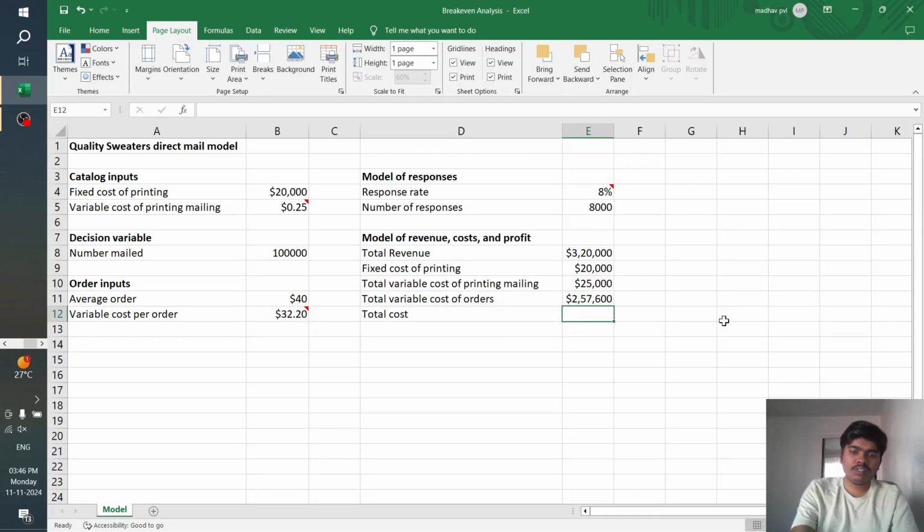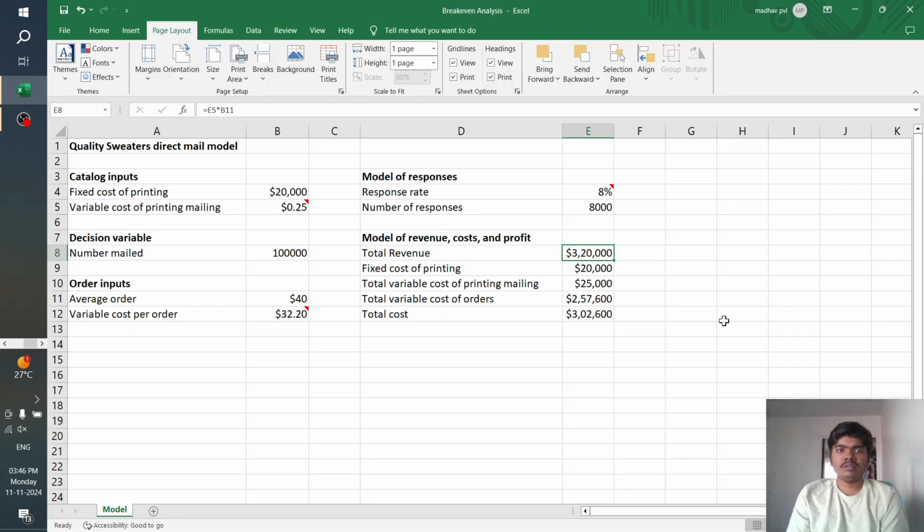If we look at the total cost, we can add these things, and this will be our total cost of working. This is our total revenue, and in this way we can find out the details of any business.